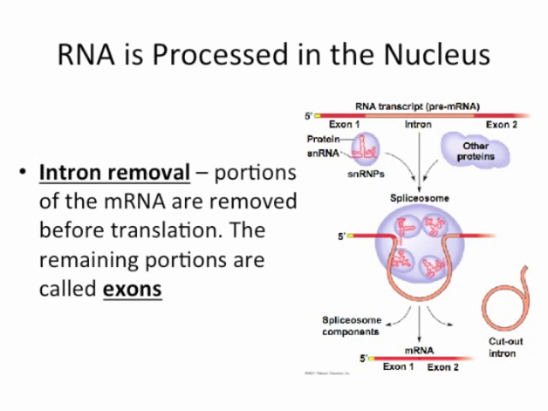Another odd thing that happens to mRNA before it gets sent out to be translated is the removal of introns. Introns are portions of the mRNA that are going to be removed prior to translation. The portions that stay behind are called exons.